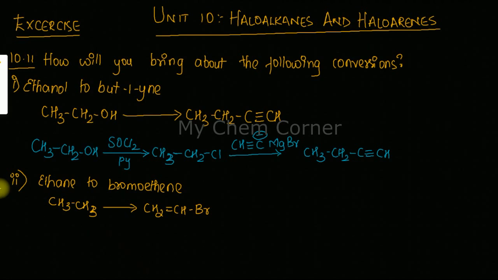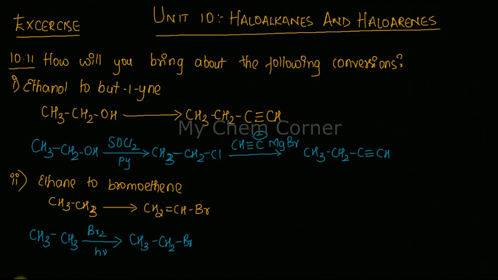Alright, so here let's see this. I have CH3CH3. Now remember, I need to have a double bond as well as a bromine. So for that, first thing is I'm going to brominate the compound. When I add Br2 in the presence of sunlight, I will get CH3CH2Br.